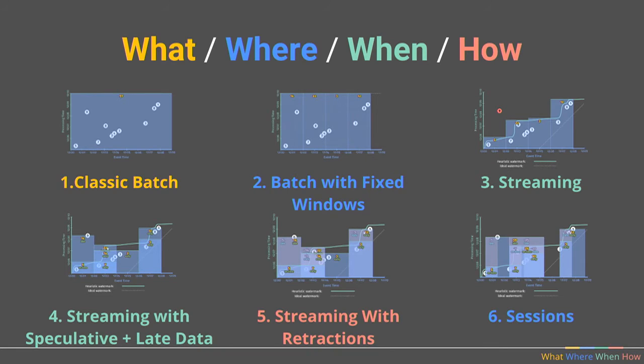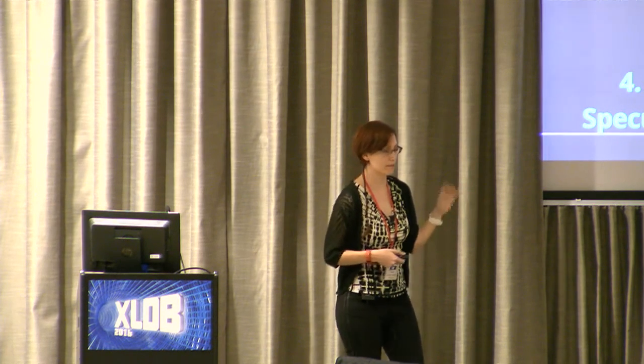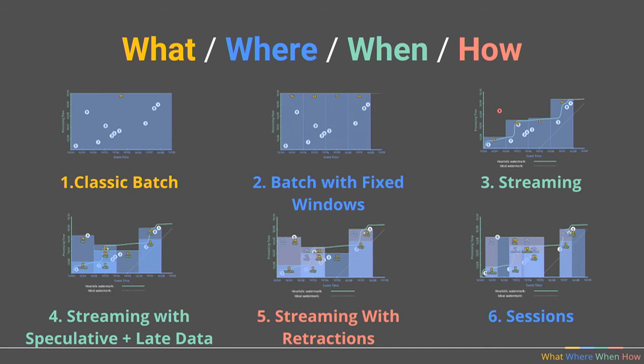Okay, so what I hope I showed is that by focusing on the four main questions, what, where, when, and how, one can take this infinite, unbounded data that comes with unknown delays and actually do meaningful computations on it, and tune it using these four dimensions that we allow you to play with. So we covered everything from classic batch to streaming with retractions and sessions.